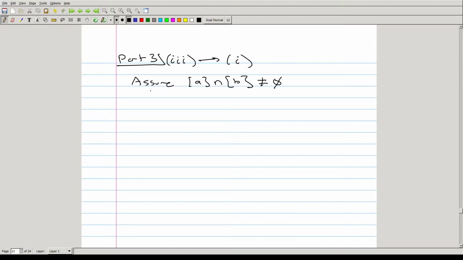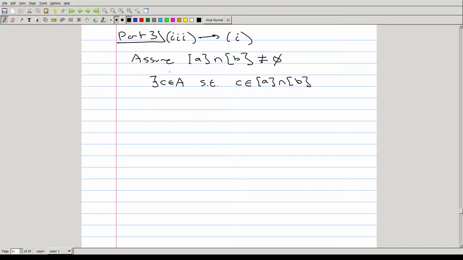If this is the case, then there exists an element C in the set A such that C is an element of the intersection of the equivalence class of A and the equivalence class of B, which means that C is an element of the equivalence class of A and C is an element of the equivalence class of B.